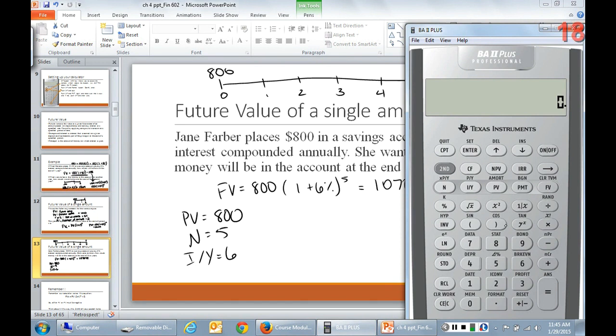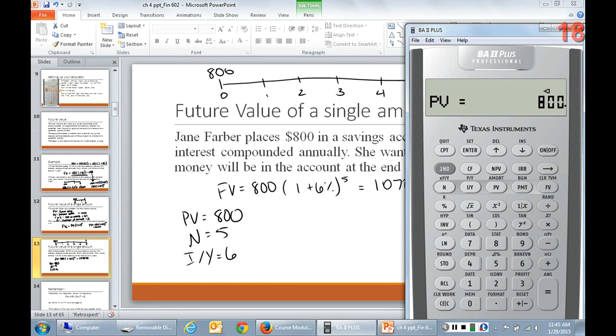So to get the future value, we know the present value is 800, so we type in 800 and then push the present value button. So now our present value is set at 800. There's no need to push enter. By simply pushing the PV button, you are entering in the $800.